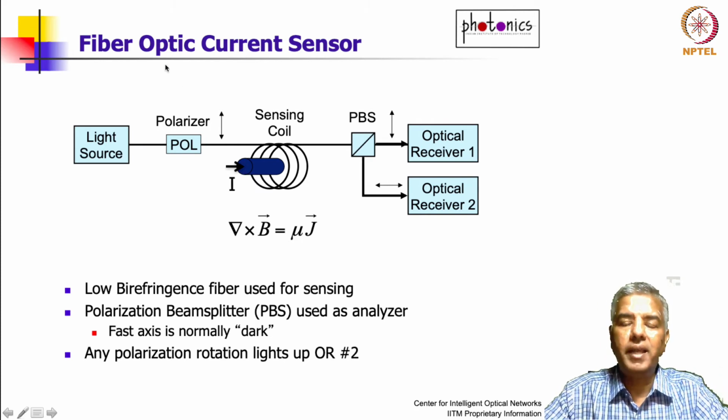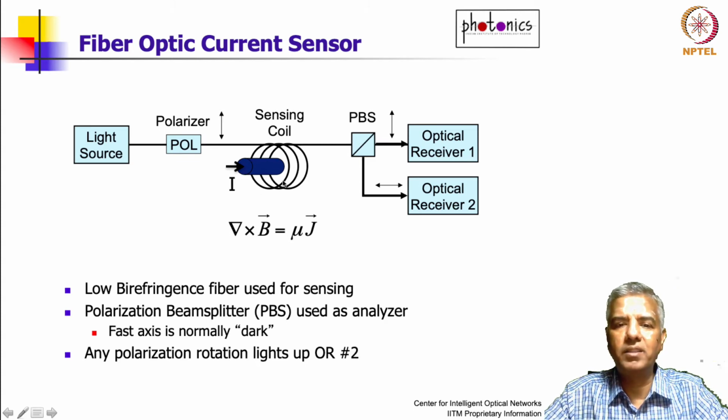That magnetic flux is now oriented along the axis of the fiber. Remember the Faraday effect that we just saw: if you have a magnetic flux along the axis of the fiber, and a certain polarization traveling through the fiber, the presence of this magnetic flux will cause a deflection of the polarization.